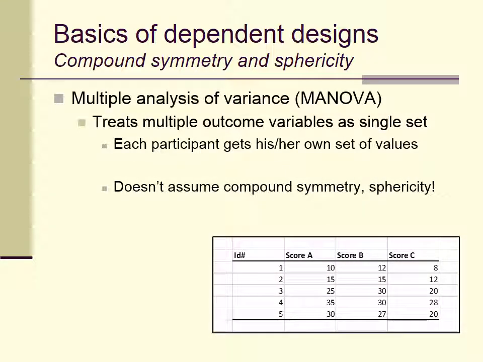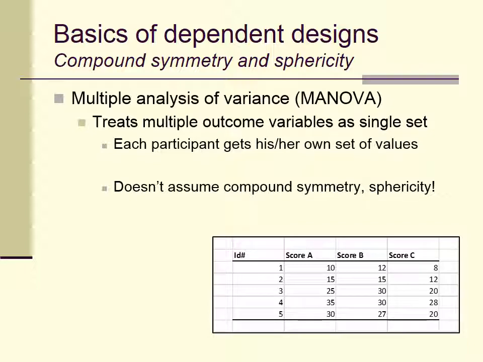Well, the multivariate analysis of variance, or MANOVA, treats the multiple outcome variables as a single set, which is to say not as one variable, but rather a set of variables. Scores in condition A and scores in condition B and scores in condition C are not all just scores of one big outcome variable. They're scores for 3 separate outcome variables.